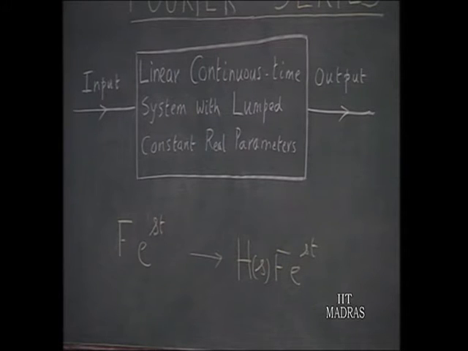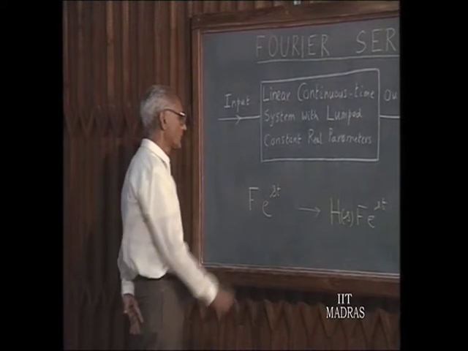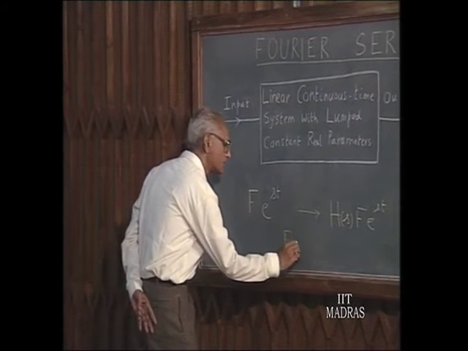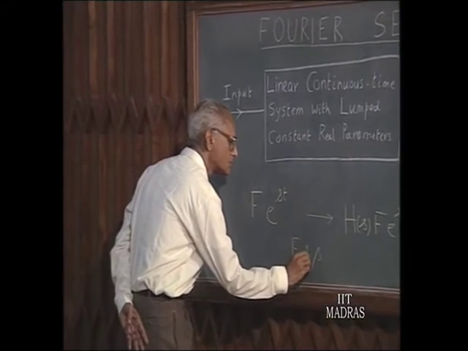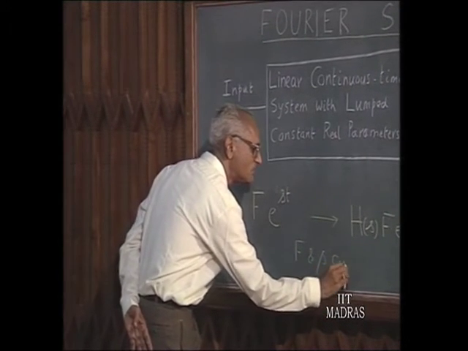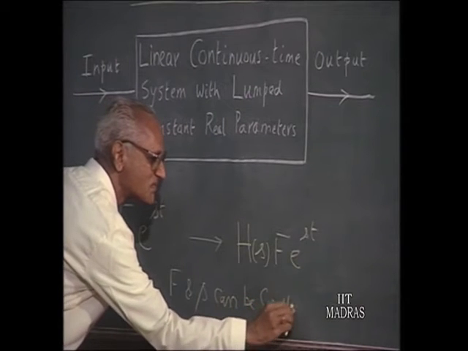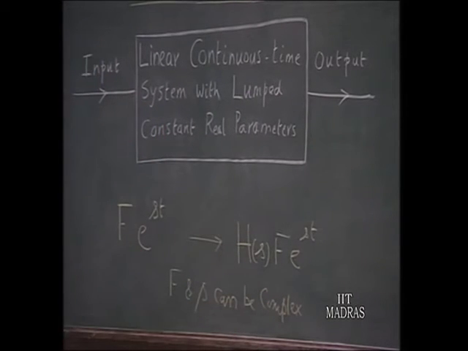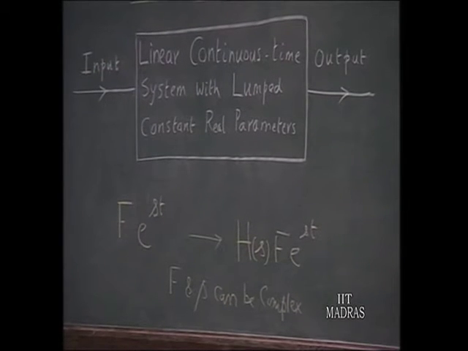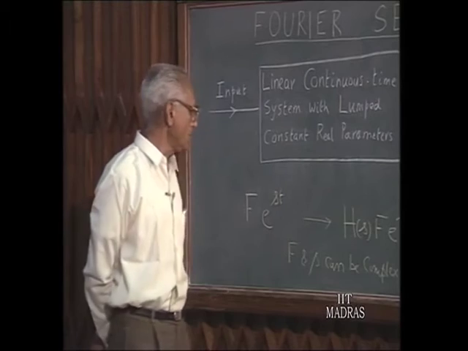And in the case of the systems that we are considering, this exponential signal f e to the power of s t constitutes a characteristic signal. Now, in general, f and s can be complex. So, if s is complex, in general it will be s equals sigma plus j omega.